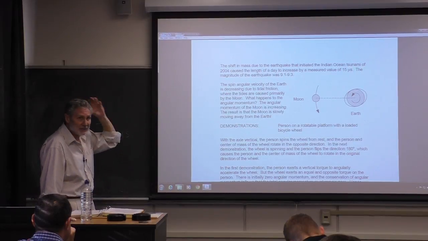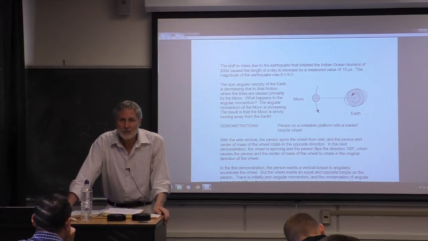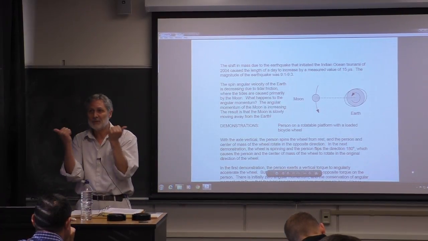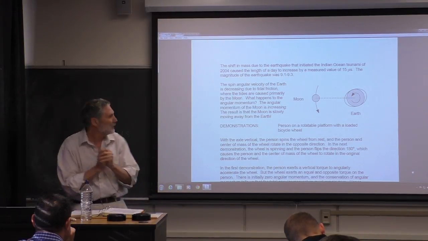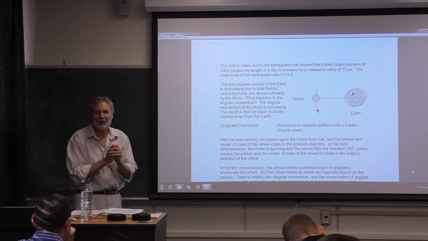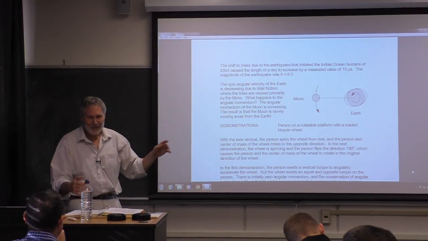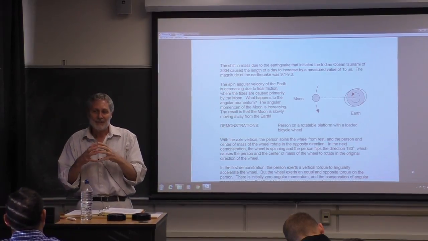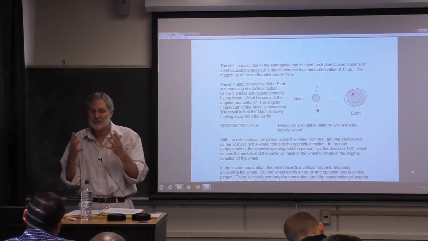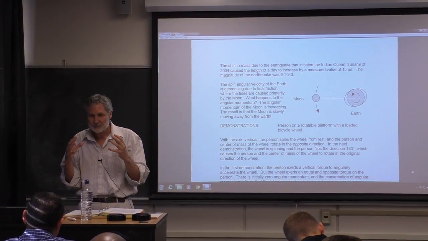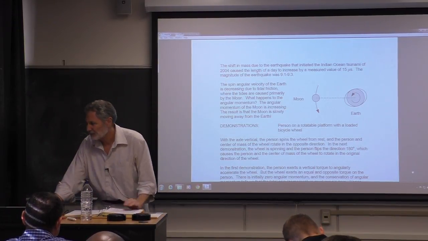It decreased the period of the day, so which way did the mass go? No, wait a minute. It decreased the period of the day, right? I'm sorry, I'll fix this. If the day became shorter, which way did the mass go? It shrunk. Right, it got closer to the axis.